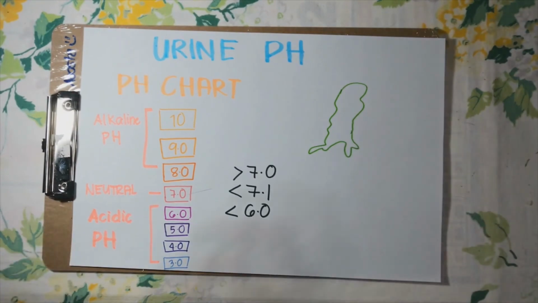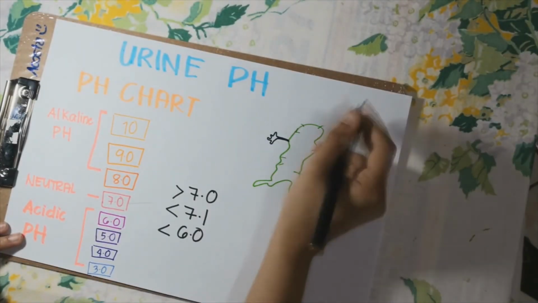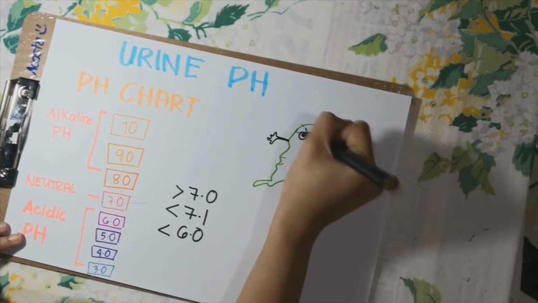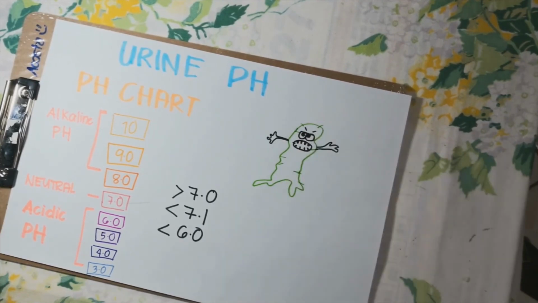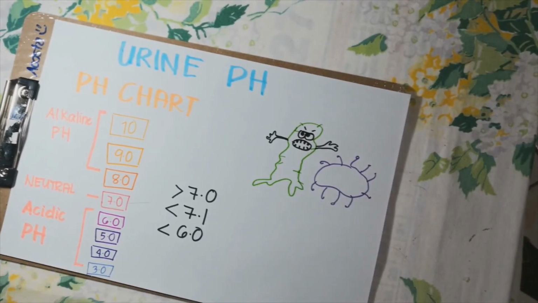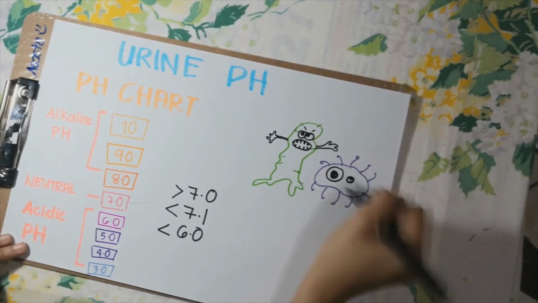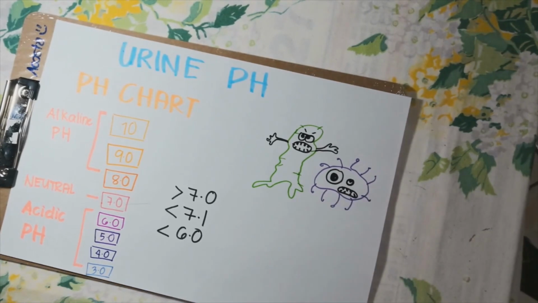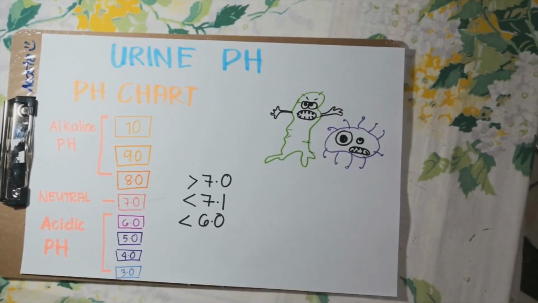Urine pH that is greater than 7.0 is considered alkaline, and it is produced for several hours postprandially. The most common disease condition that produces constantly alkaline urine is urinary tract infection with Staphylococcus or Proteus. These organisms produce the enzyme urease, which degrades urea to ammonia, causing alkalinity.